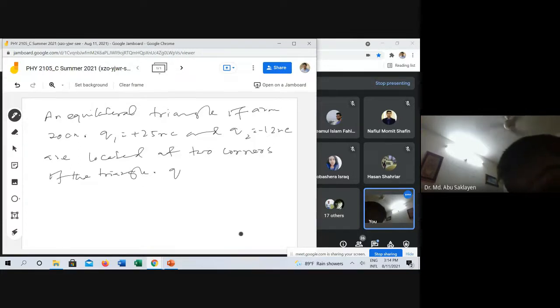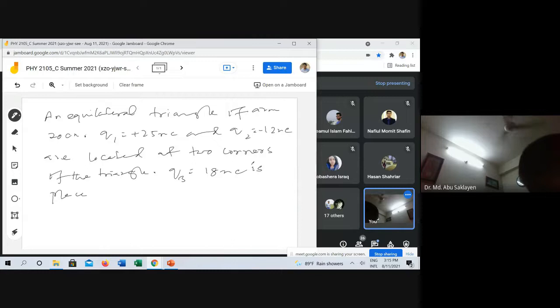Q3 equal to 18 nanocoulomb is placed at the third corner of the triangle.